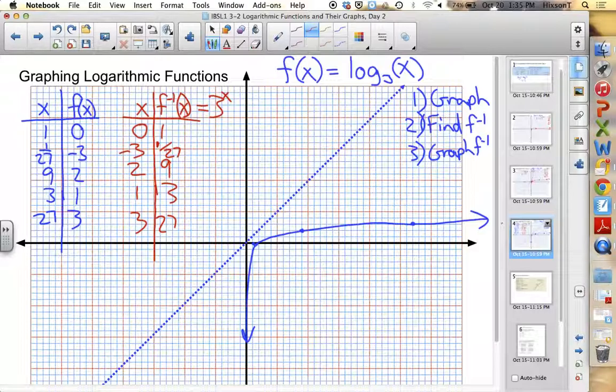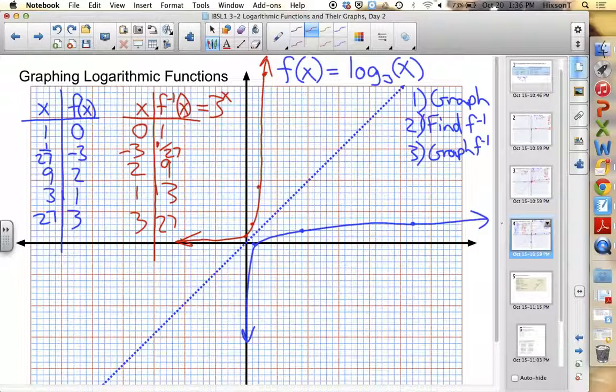There's a reason why I wrote them in the same order. So we've got 0, 1, 1, 3, 2, 9, 3, 27, which ends up off the chart here. And that does end up being the inverse function. It's the reflection across the line y equals x. Any questions?